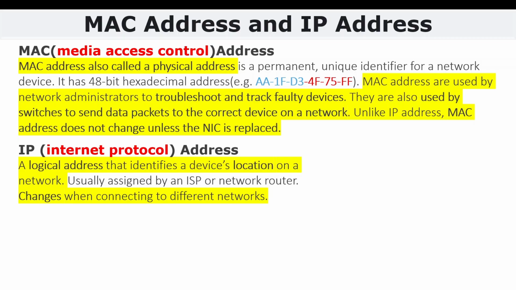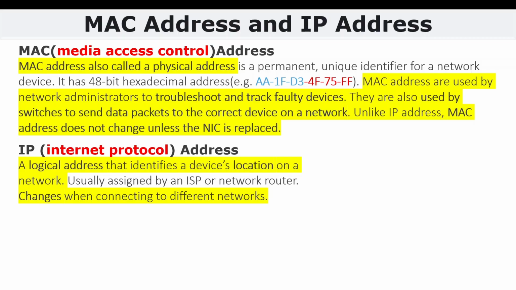The IP address, which is in full the Internet Protocol address, is a logical address that identifies a device's location on a network. For example, if you're using your computer from a cafe, the IP address you have will be different if you move to your home.